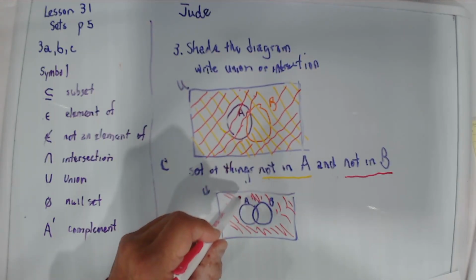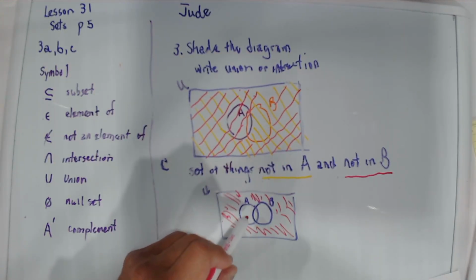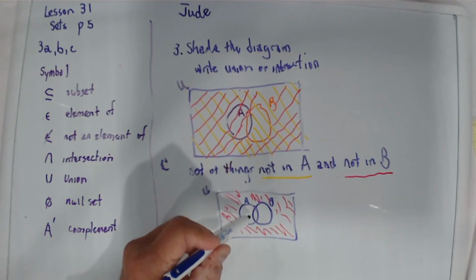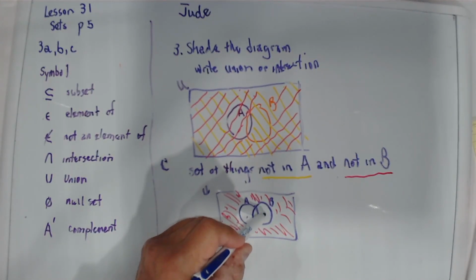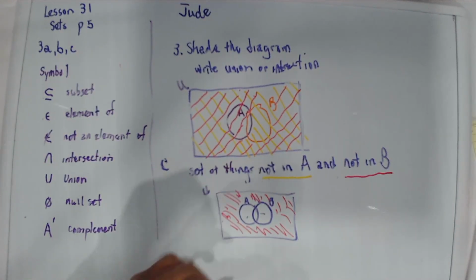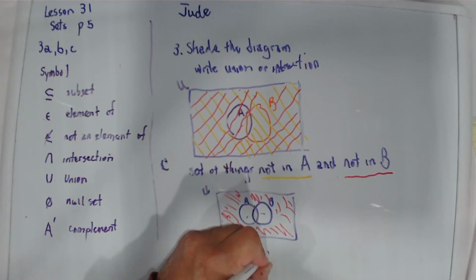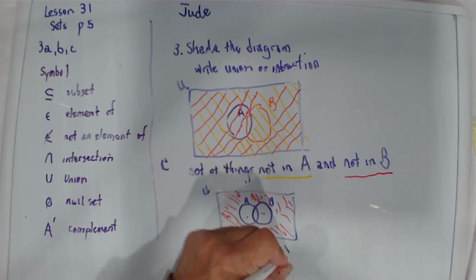You're going to have everything in there except what's inside A and what's inside B. And the way you would write that is, okay, so what we have here, we're combining A and B, so we can write that as A union B, right?